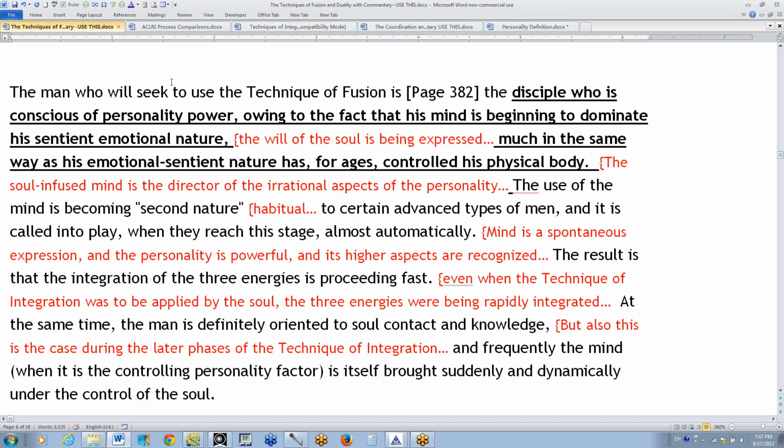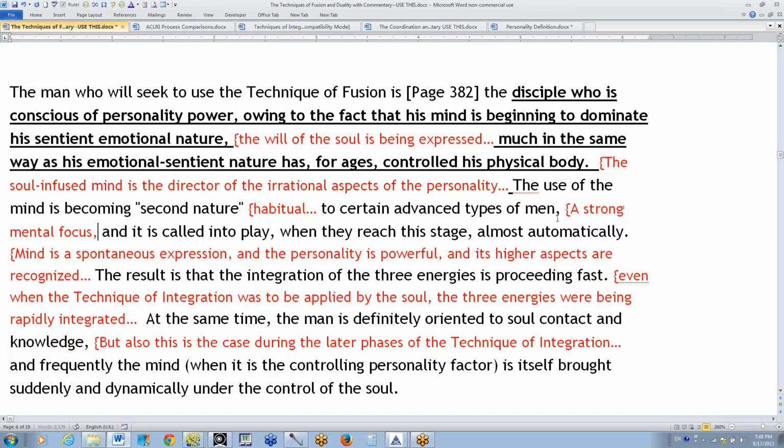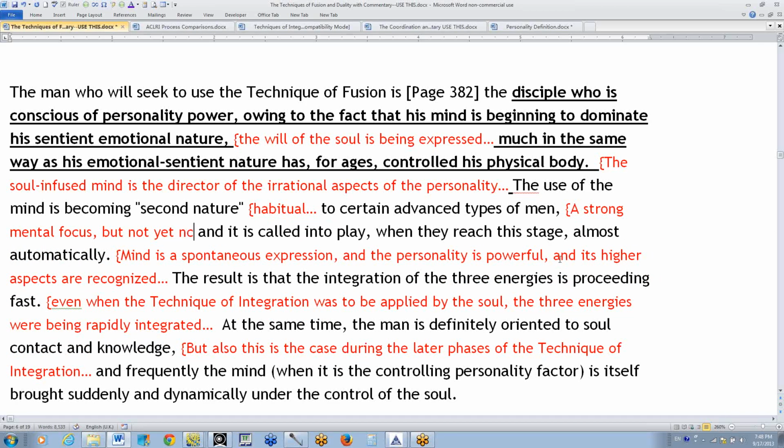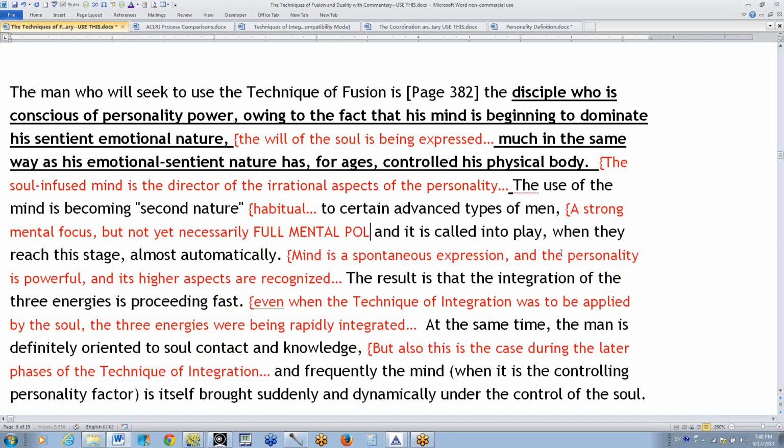The man who will seek to use the technique of fusion is the disciple who is conscious of personality power, owing to the fact that his mind is beginning to dominate his sentient emotional nature, much in the same way as his emotional sentient nature has for ages controlled the physical body. The use of the mind is becoming second nature to certain advanced types of men. So a strong mental focus, but not yet necessarily full mental polarization.